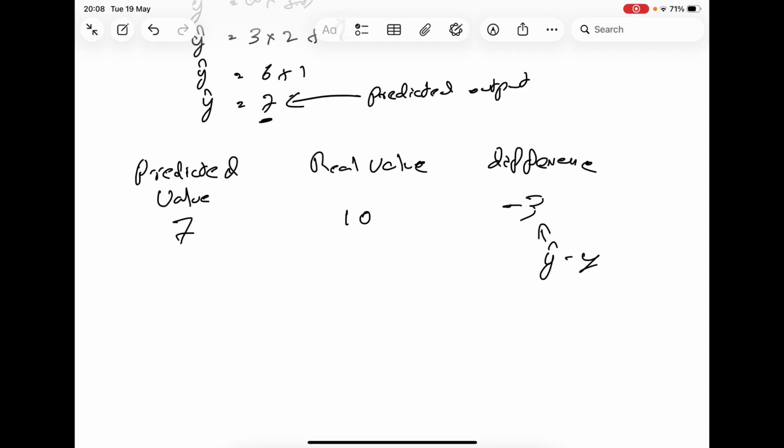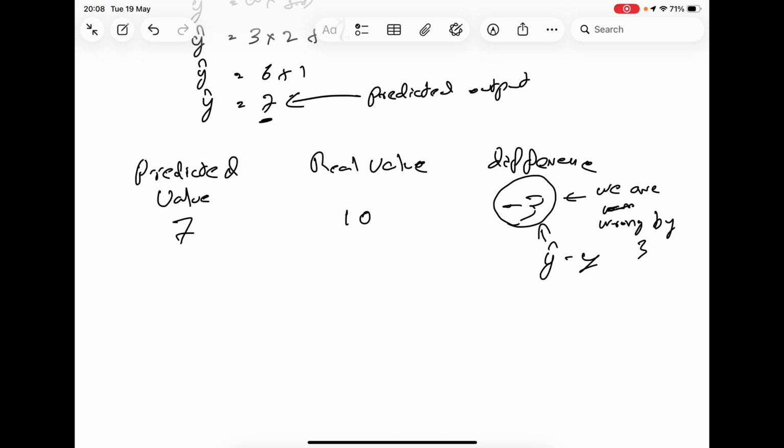All right. So now here, what this minus 3 means is how wrong we are. Sorry, not how wrong. We are wrong by 3, right? Now we need to measure this mistake properly.